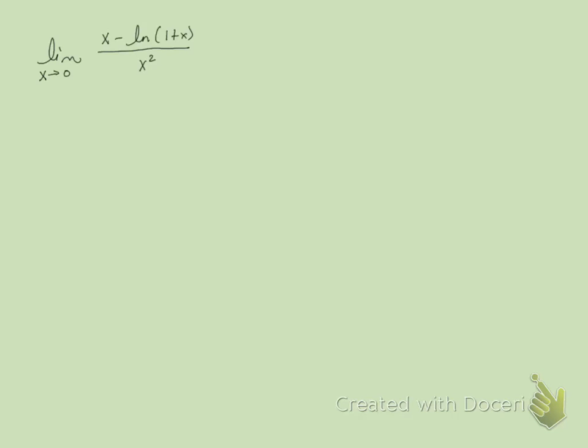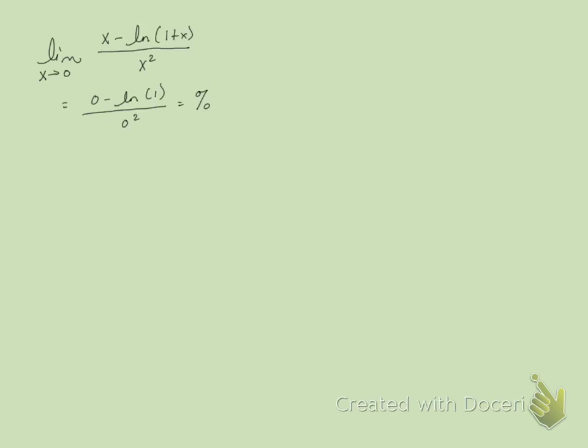I don't want to repeat too much of what he did, but you can see that when we used direct substitution here, we're getting 0 minus the natural log of 1, over 0 squared, and the natural log of 1 is 0, so we are getting that indeterminate form of 0 over 0.